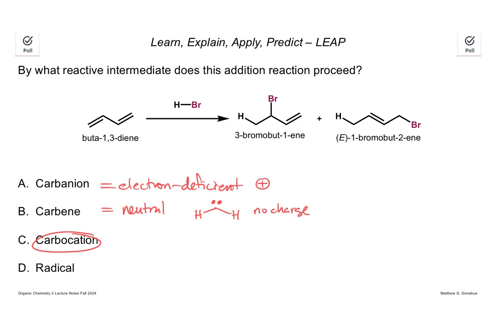Let's back up. I'm gonna cross this out. So carbanion is electron rich. So that would be something like CH3, CH2, and then a lone pair and a negative charge.